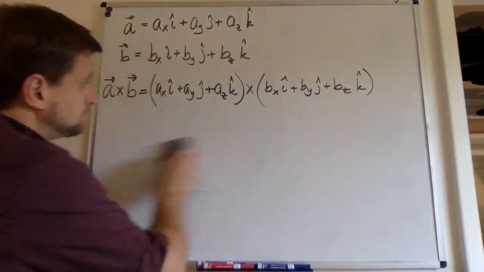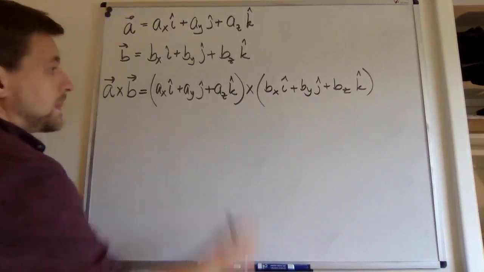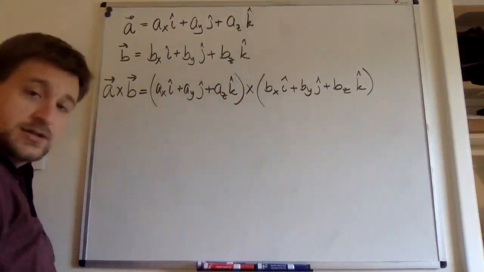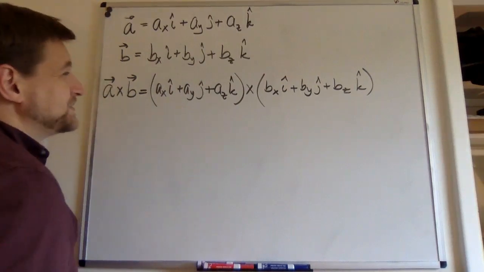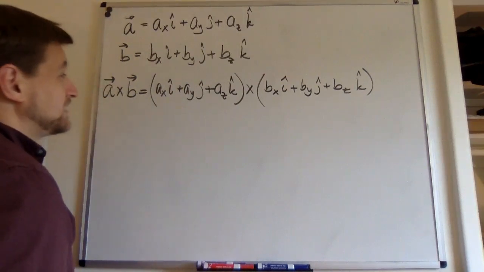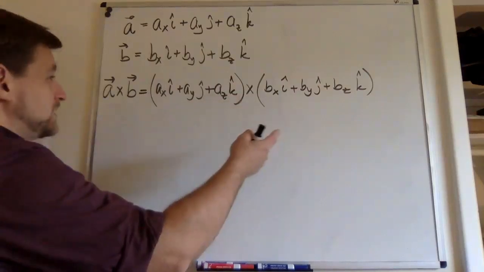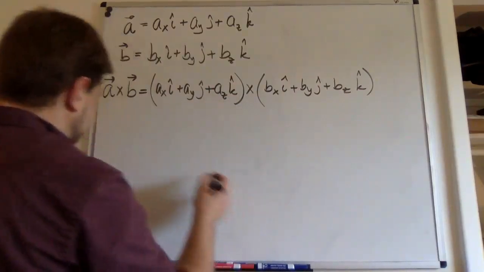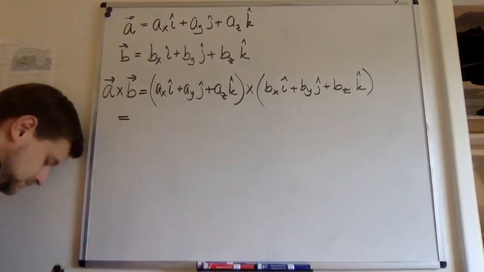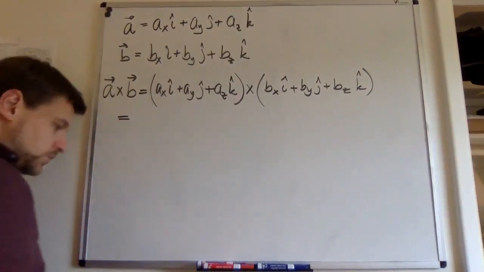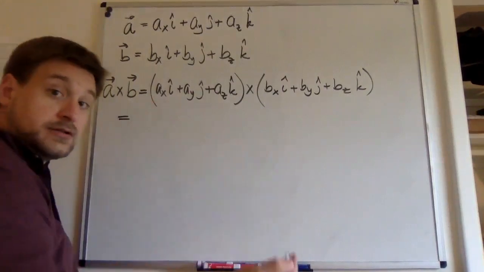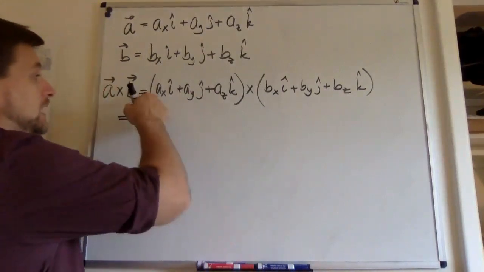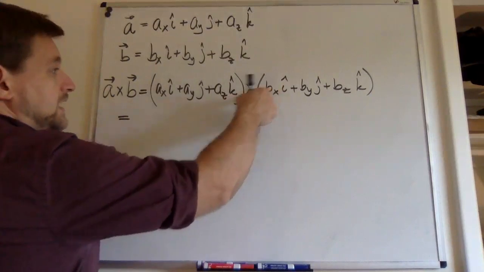Get back to it. Okay, so we've got to do what it says, and we need to distribute. We need to FOIL trinomials, so we're going to end up with nine terms. It's worth doing once, so I'm going to do it with you, and then we don't need to do it ever again. Ax i, Bx i with a cross.